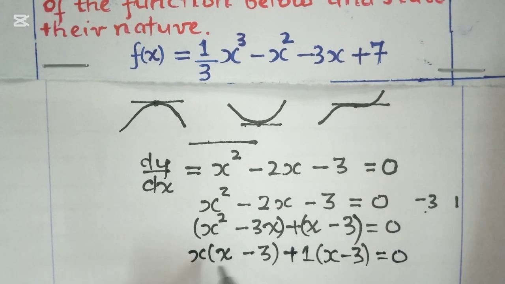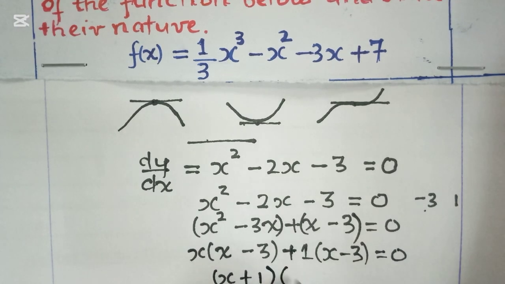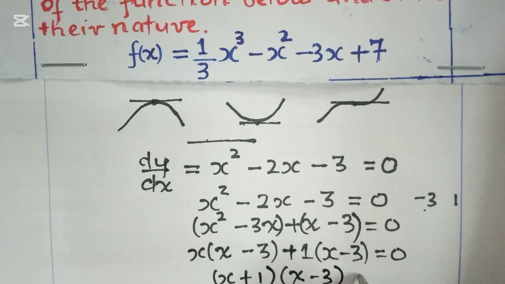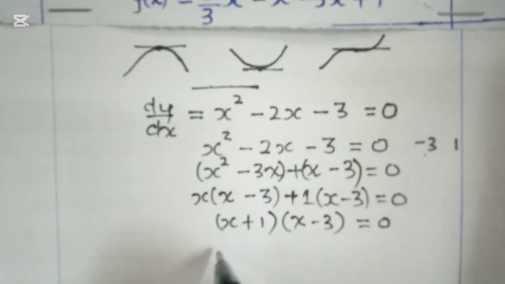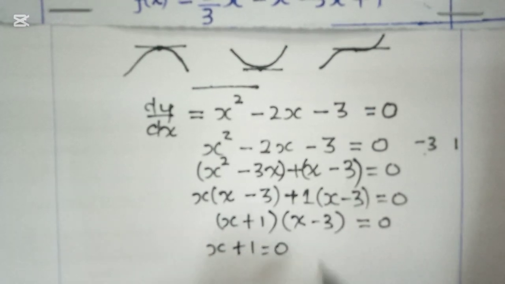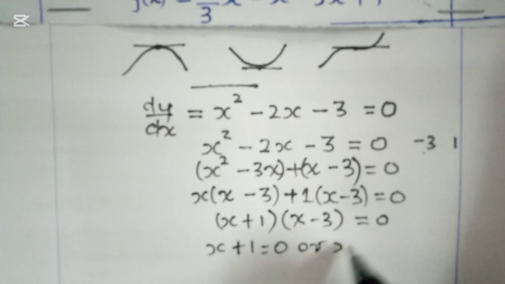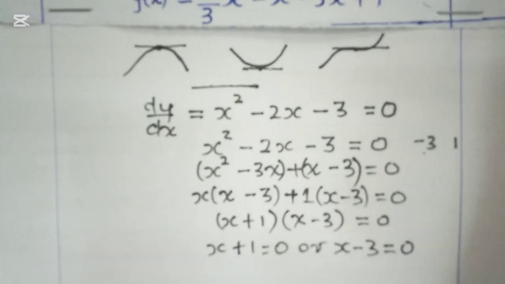So finally, we have x plus 1 and x minus 3 as our factors, equal to 0. So either x plus 1 equals 0 or x minus 3 equals 0.